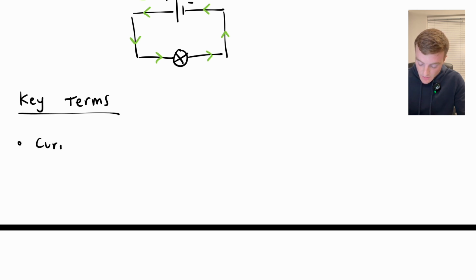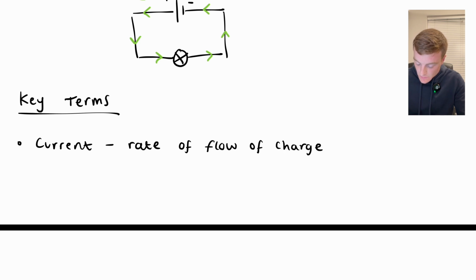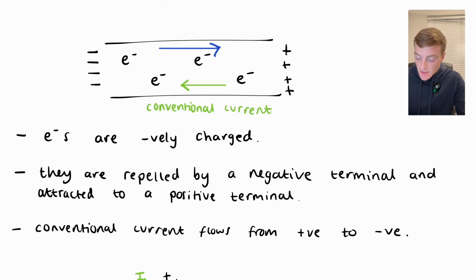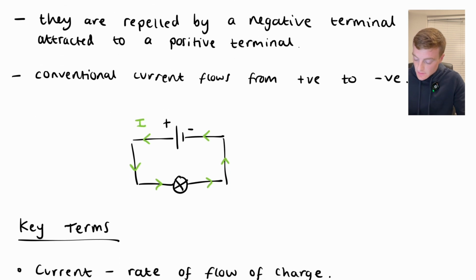The first one is current. This is just the rate of flow of charge. So it's essentially how much charge is passing this point per second.